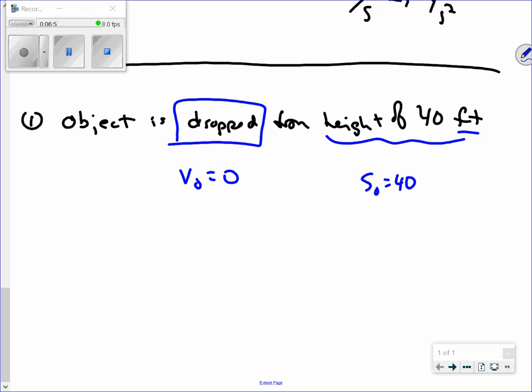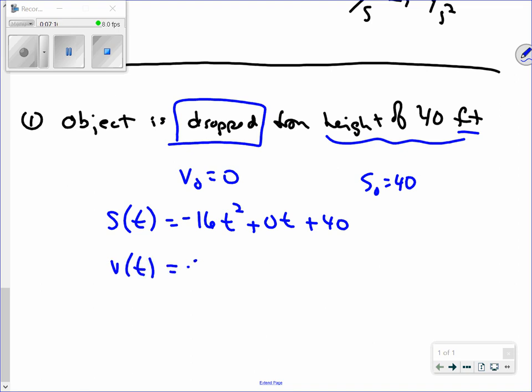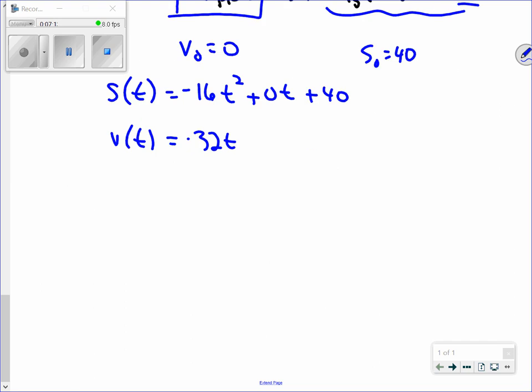So the position function for this object is negative 16t squared plus 0t plus 40. From there, velocity, which is the derivative, is negative 32t, and acceleration, which for these problems is that constant, is negative 32.